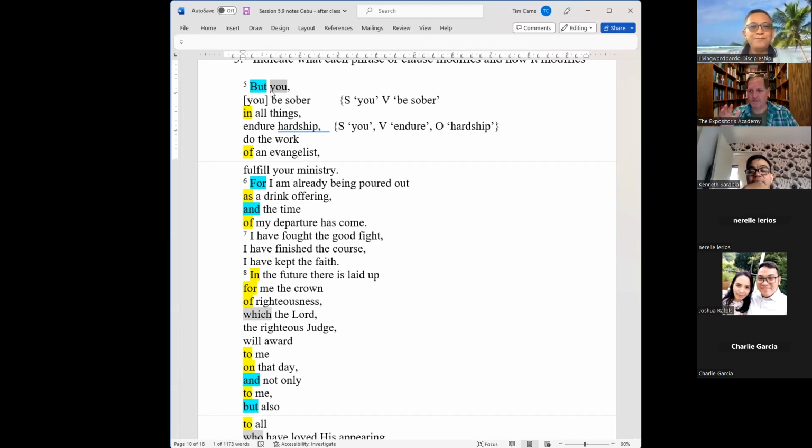So there's emphasis. He's just talked about, what was it, in the earlier verses here, 2 Timothy 4. He's just talked about people who are going to accumulate for themselves teachers, right, to tickle their ears, and they'll turn away.